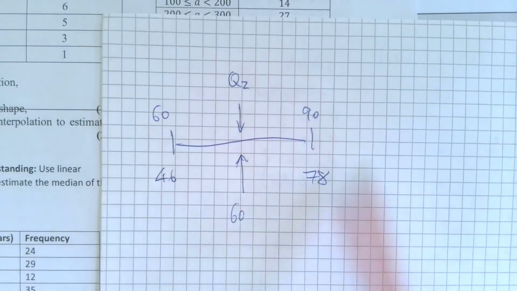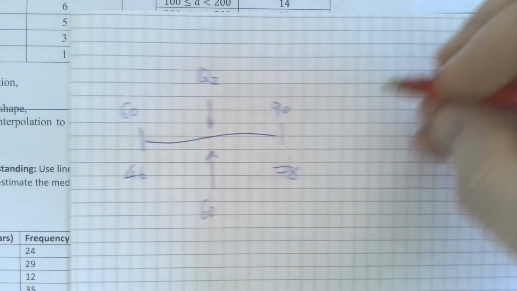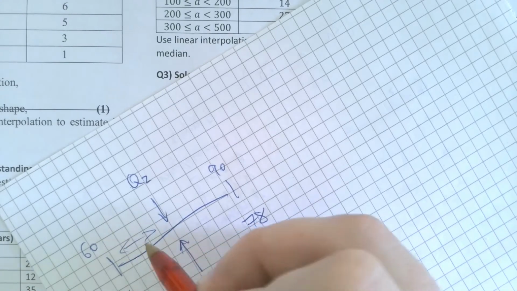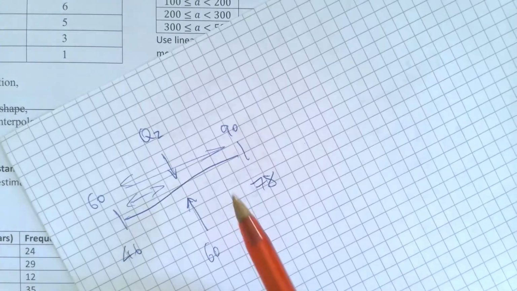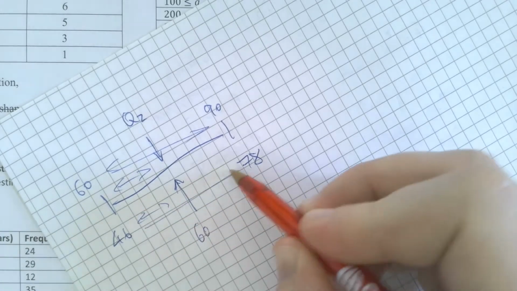Now that we've set up this number line, we can effectively start setting up some fractions, okay? Remember what we said in class. This length divided by this length is the same size as this length divided by this length.